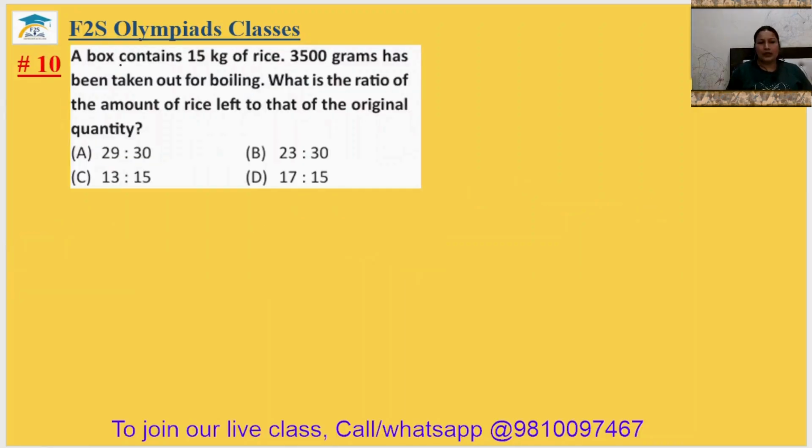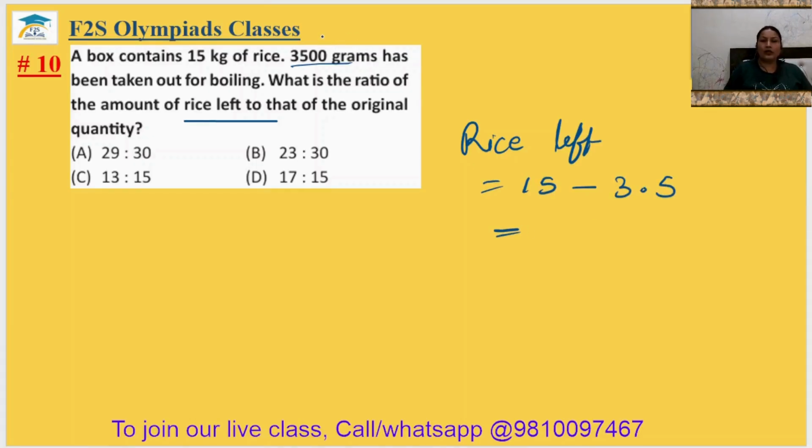Now question number 10. A box containing 15 kg of rice, 3500 grams has been taken out for boiling. What is the ratio of the amount of rice left to the original quantity? So rice left will be 15 minus 3.5. Why 3.5? Because it should be in kilograms also. The total rice is given in kilograms.